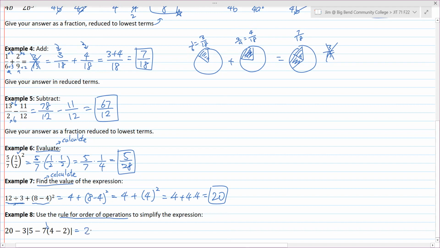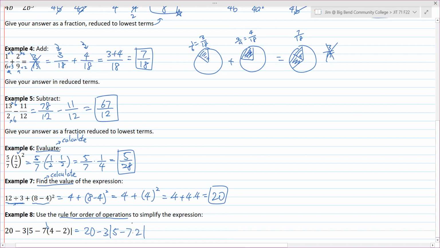I'll show you step by step. The innermost parentheses or absolute value signs are the ones to take care of first. 4 minus 2 equals what? Equals 2.